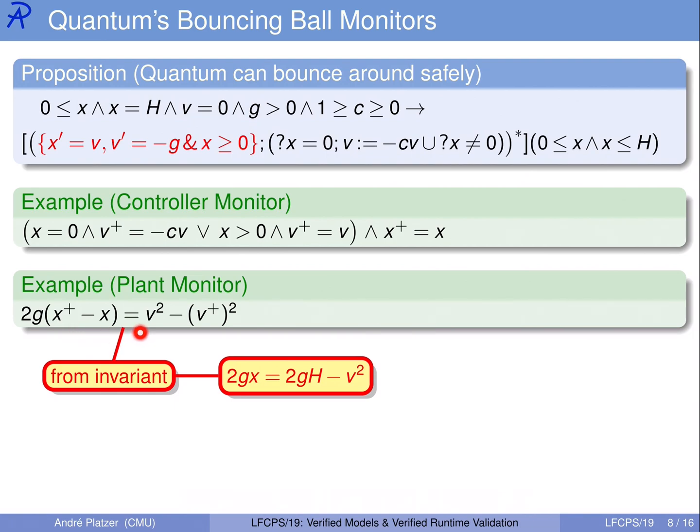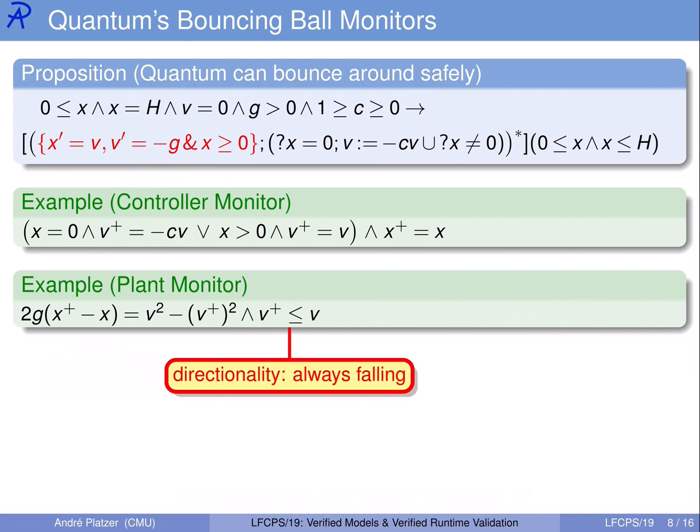For example, this one doesn't know that time was also always evolving forward in the differential equation, so we need to include this directionality as well by, for example, saying that because of gravity pulling on the bouncing ball, is the new velocity always going to be less or equal the old velocity? The magnitude might have increased, right? But still, in less or equal comparison, will the new velocity always be less than the old velocity because gravity is pulling it downwards?